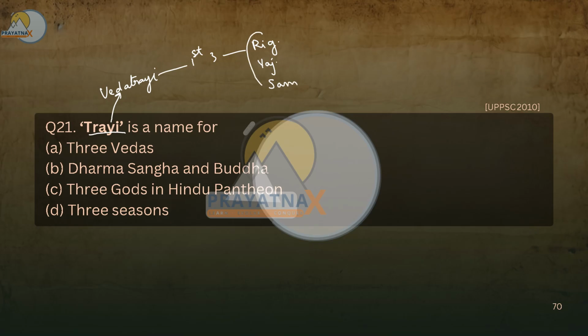So these are collectively known as Trai or Vedatrai. So the correct answer would obviously be the three Vedas. Moving on.